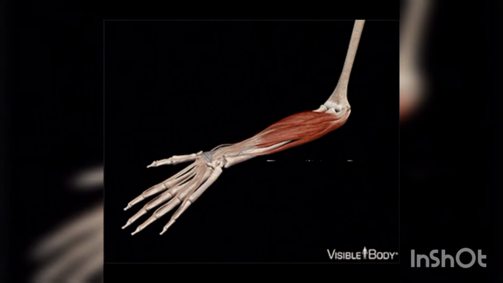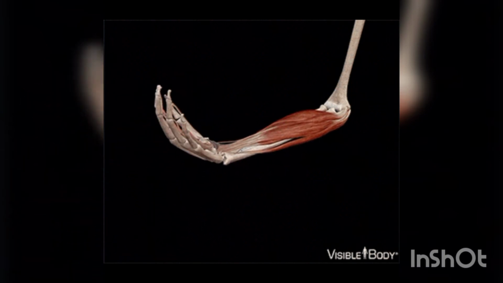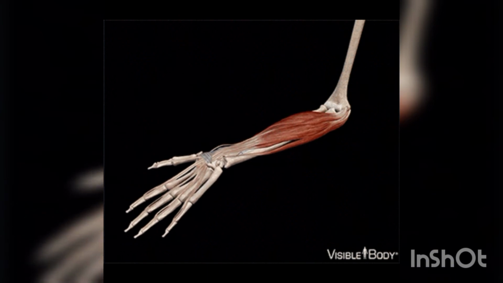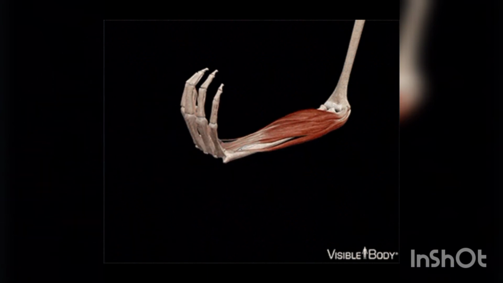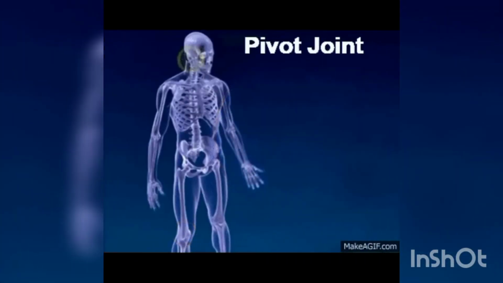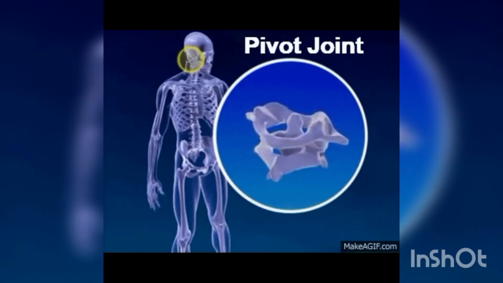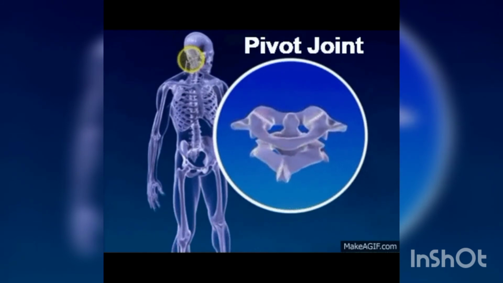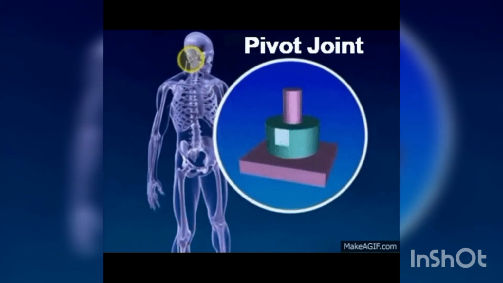Have you bent your legs? Have you bent your elbow to touch your shoulder? All this can be done with the help of the hinge joint. Third one, the pivot joint. The joint found in our neck, where the skull and the backbone are connected, is the pivot joint. That's why we can move our head upward, downward and sideways.